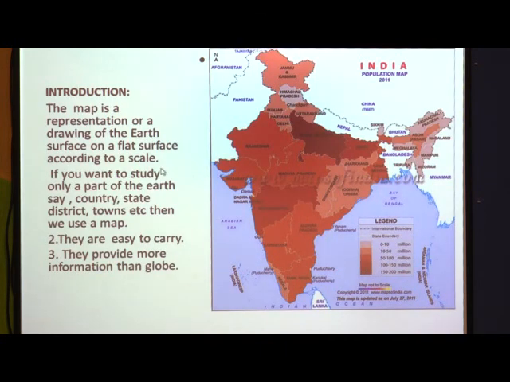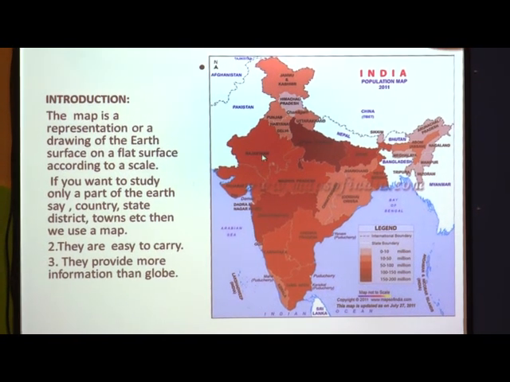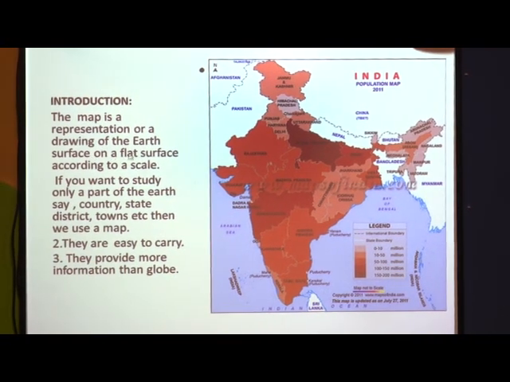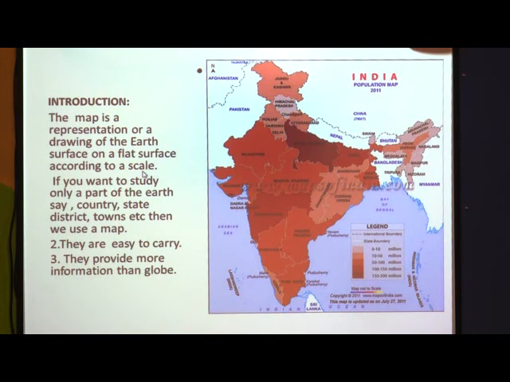First we will see the introduction of the map. A map is a representation or a drawing of the earth's surface on a flat surface according to the scale.